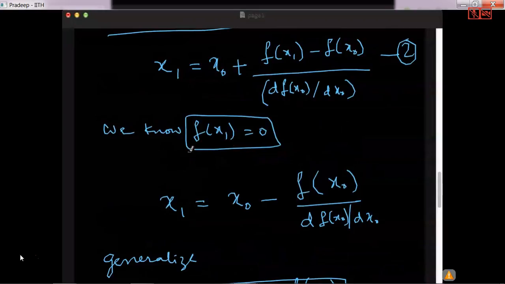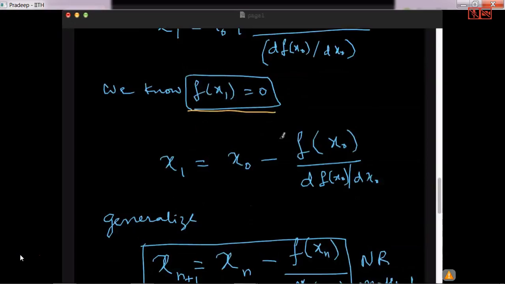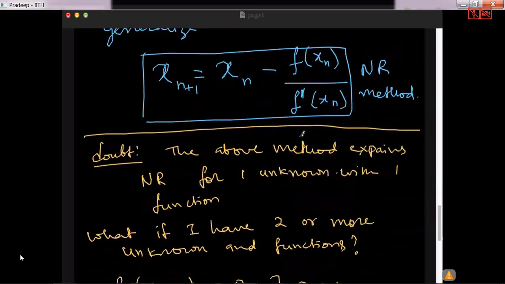If I have only one function, f of x1 equal to 0, then this is a procedure. So what I do is I'll simply generalize it.